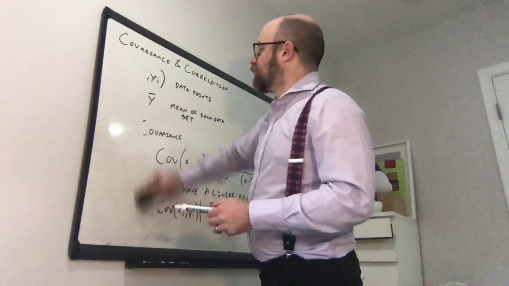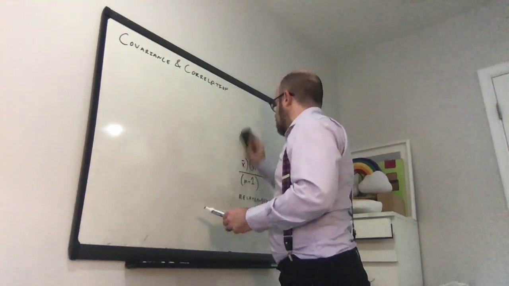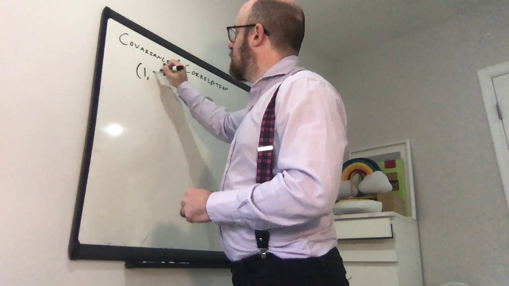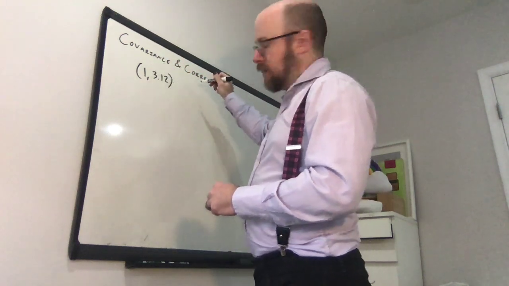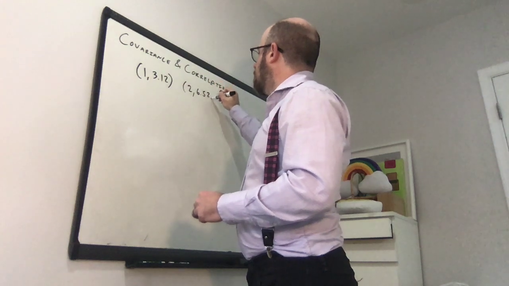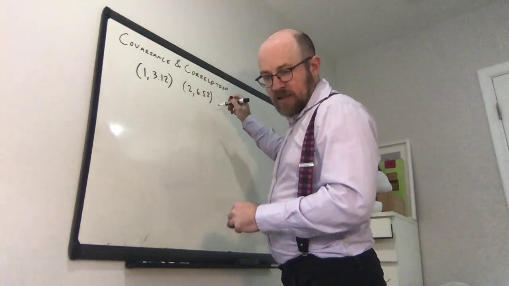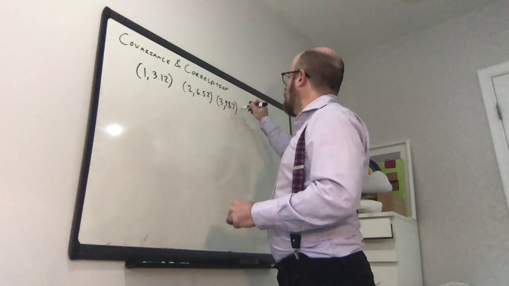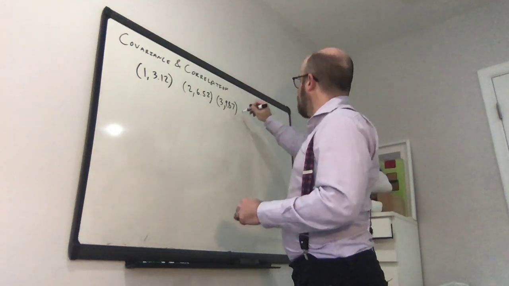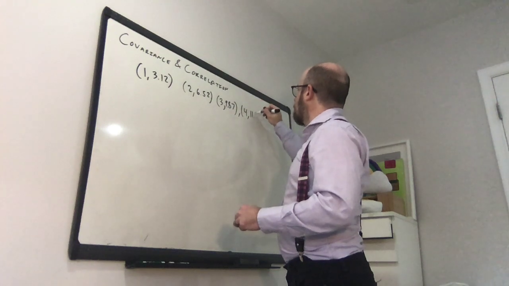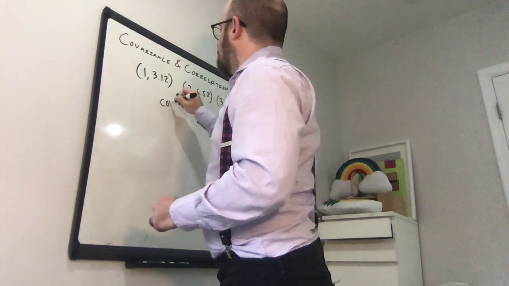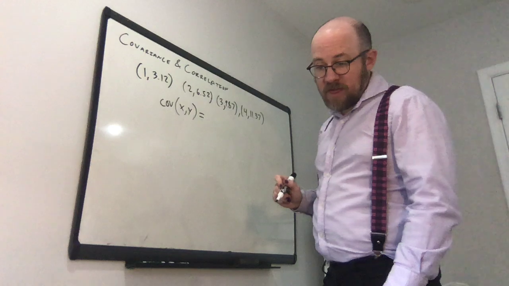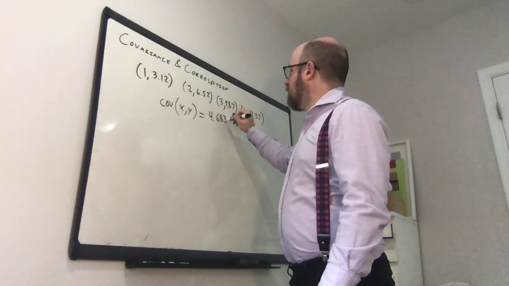Let me give you an example. If you've got the points 1, 3.12; 2, 6.52; 3, 9.87; and 4, 11.37, the covariance of xy of these two data sets is going to be 4.6833.